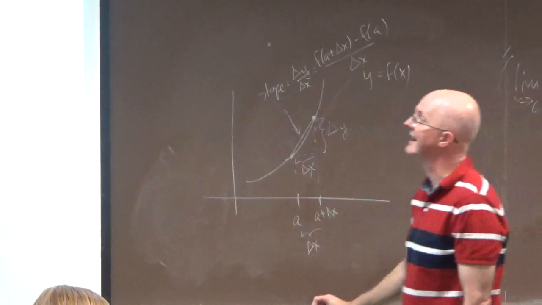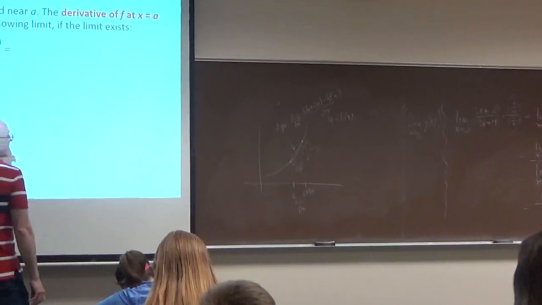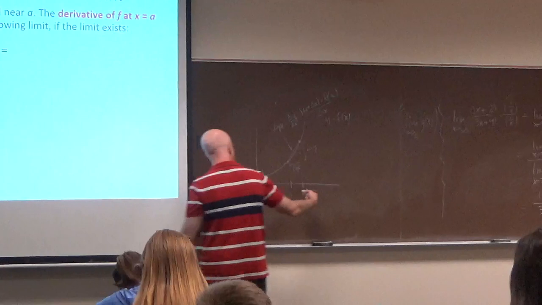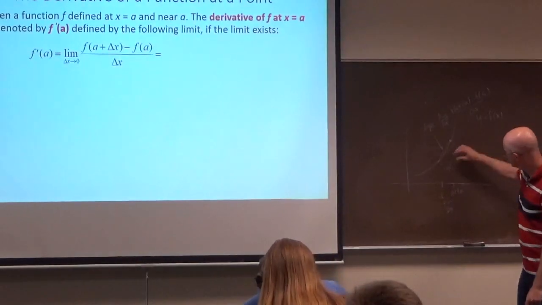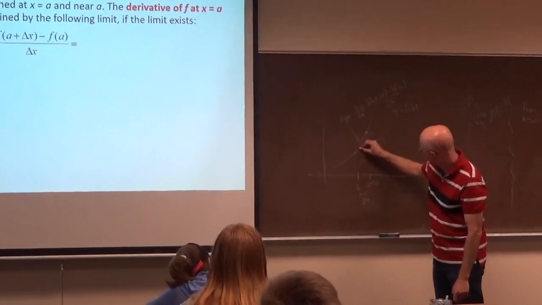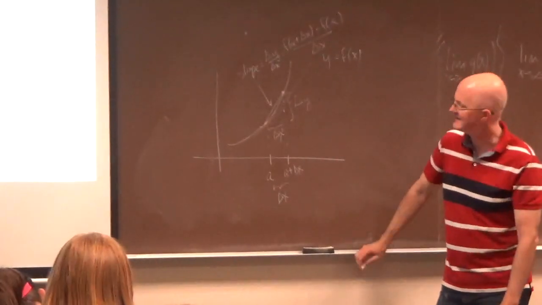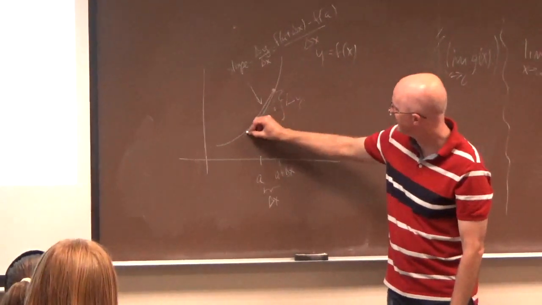By putting the limit sign in here and letting delta x go to 0, we're letting a plus delta x approach a, and so these secant lines become more and more like the so-called tangent line, which looks about like this. Where tangent means kissing, essentially. The tangent line just kisses the graph at one point.